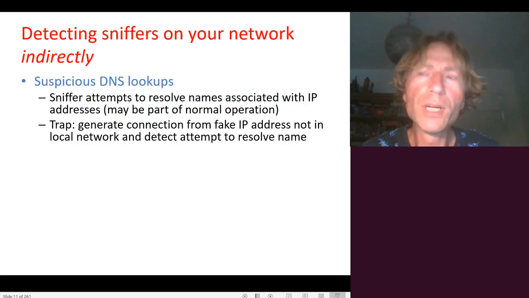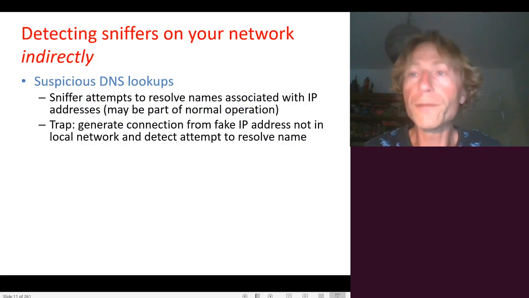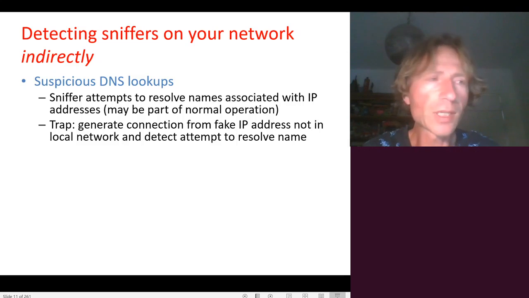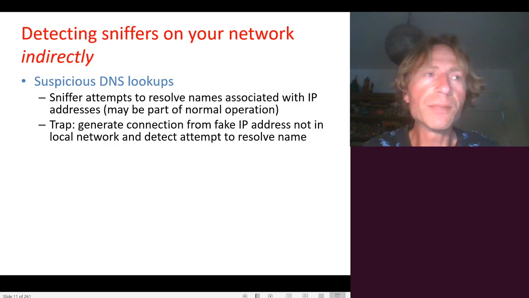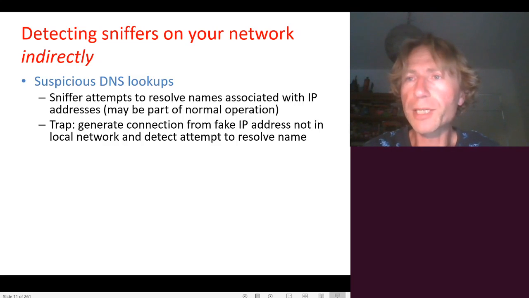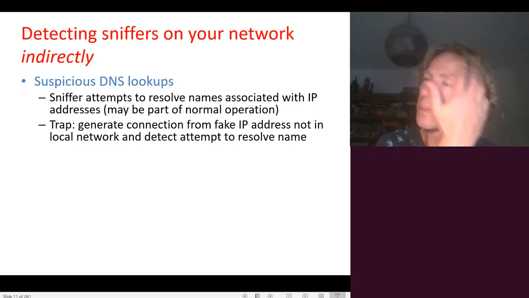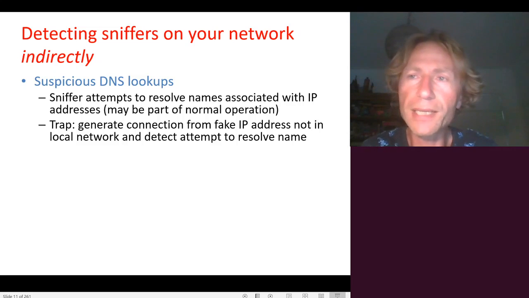We can also look for suspicious DNS lookups. Often sniffers, so people who are interested in obtaining your traffic, will filter out the interesting traffic. Maybe they're only interested in all the traffic that goes to a particular website. What they see on the network is IP packets that go to a particular IP address. So what they do first is a reverse DNS lookup for that IP address to see if it maps to an interesting server, and only dump the traffic if this is the case.